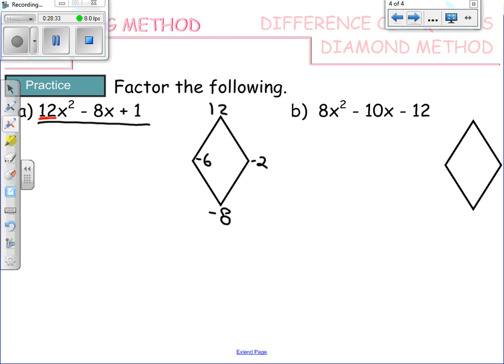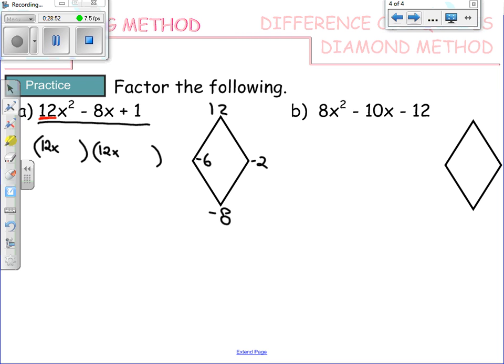Decimals won't work. I want you to put 12x into both of those. And then put in your values.